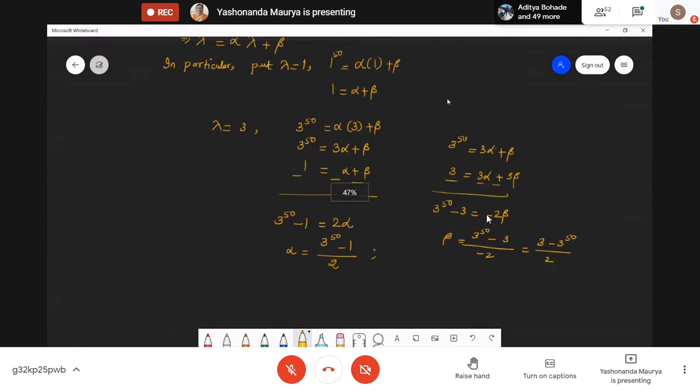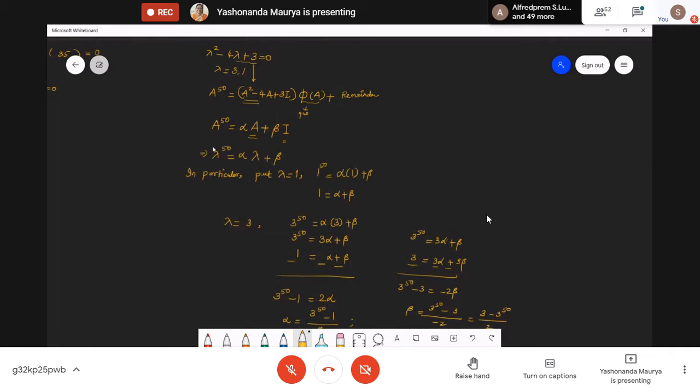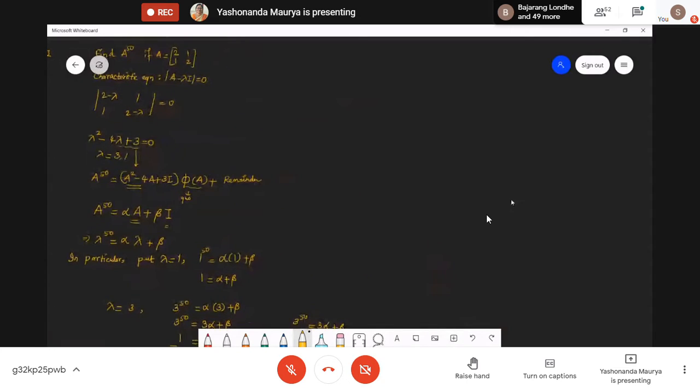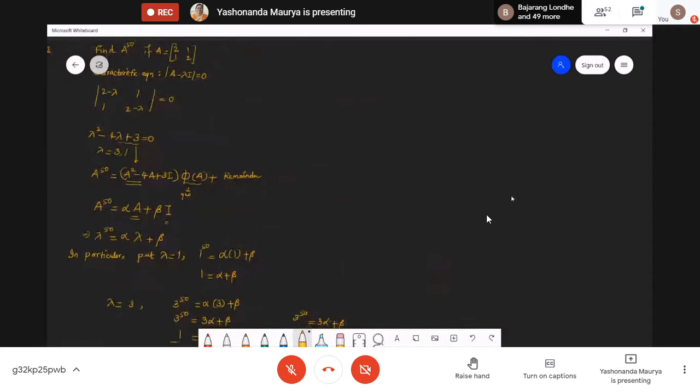Now, the trouble was only with this particular thing. Now suppose I want to find A raised to 50 if my A value is the matrix [2 minus 3; 3 minus 4].